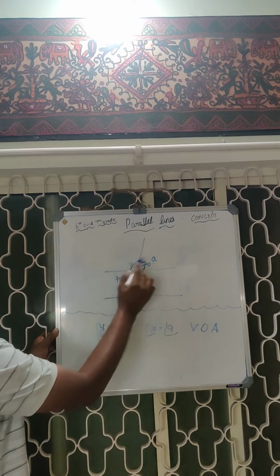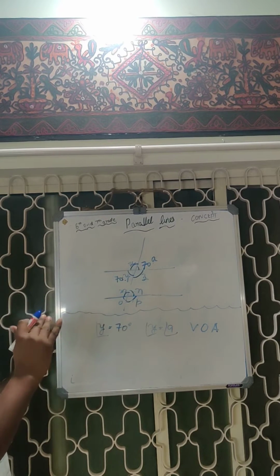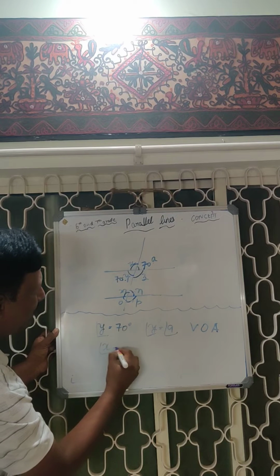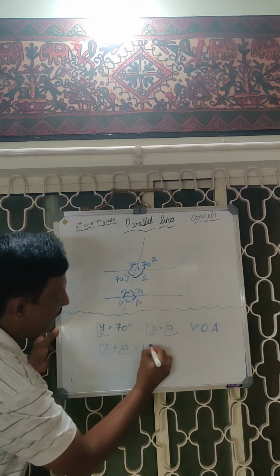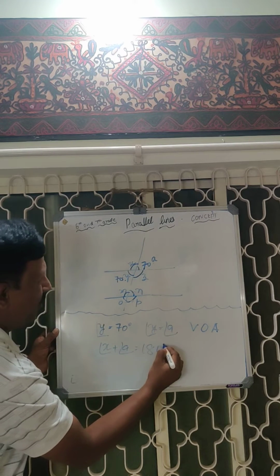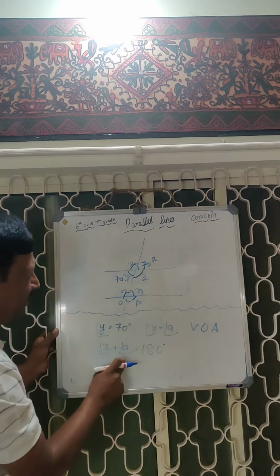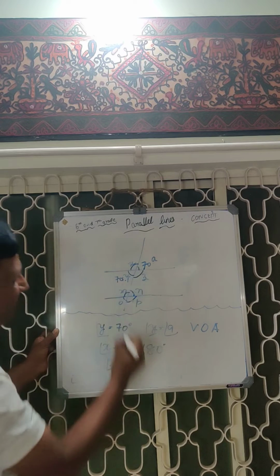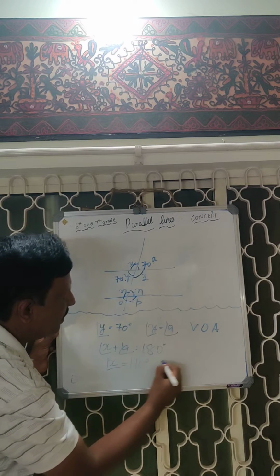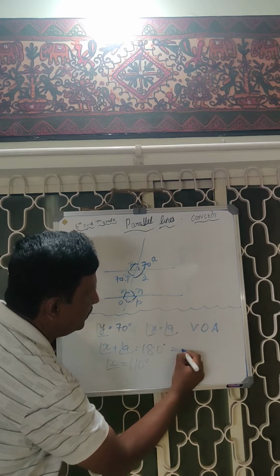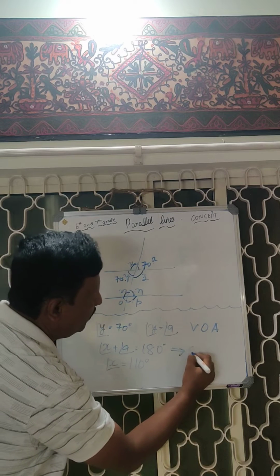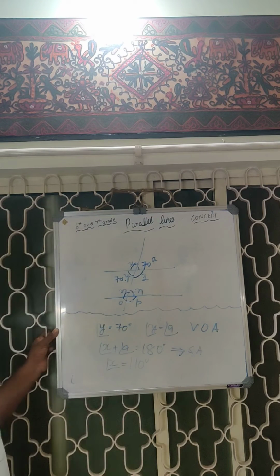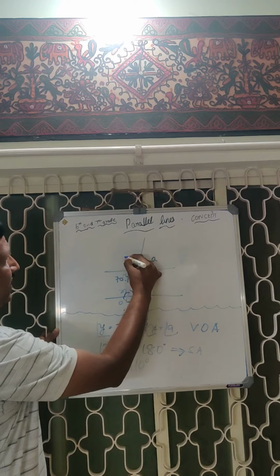If you consider x and a, they are supplementary angles. So x plus a equal to 180 degrees. When a is equal to 70 degrees, then x will be 180 minus 70, 110 degrees, because of supplementary angles.